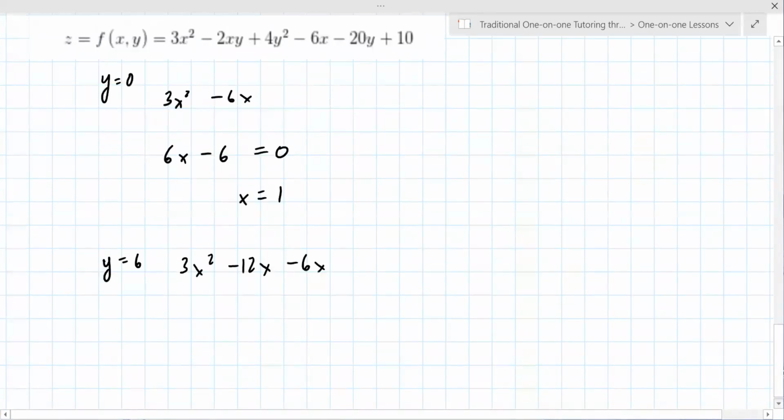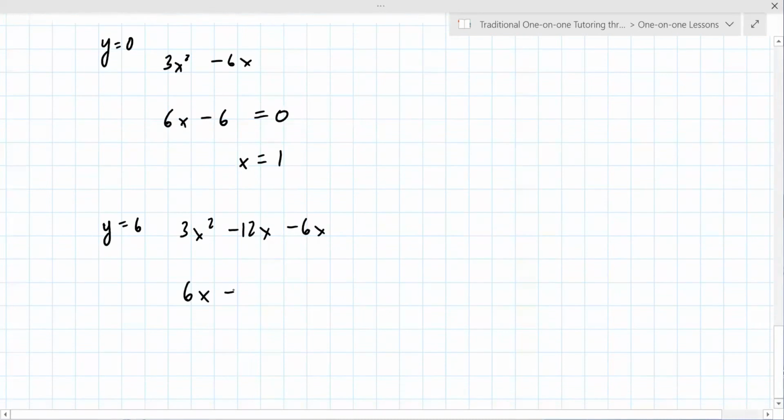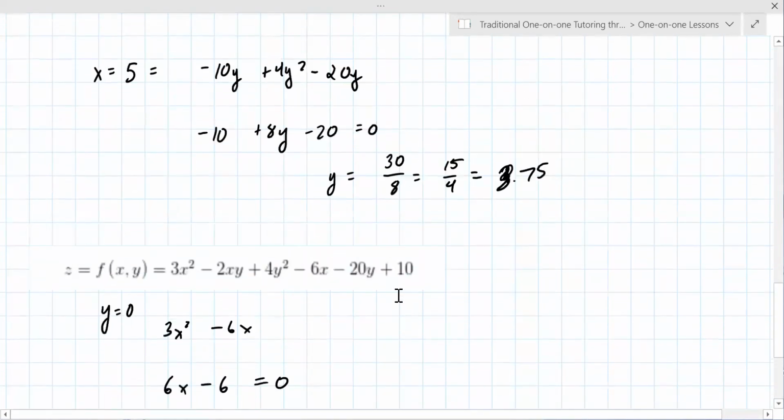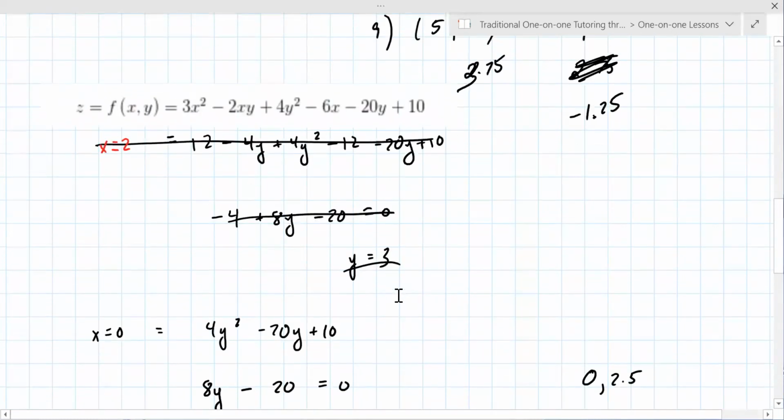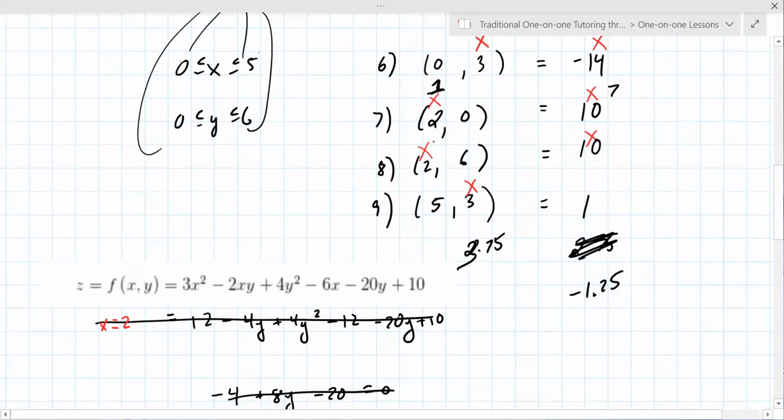That's why I'm not writing them out. And then you take a derivative, set it equal to 0, and it looks like you get x equals 3. So that makes sense because this one should have been 3. 3, 6. And then the output is 7 again.